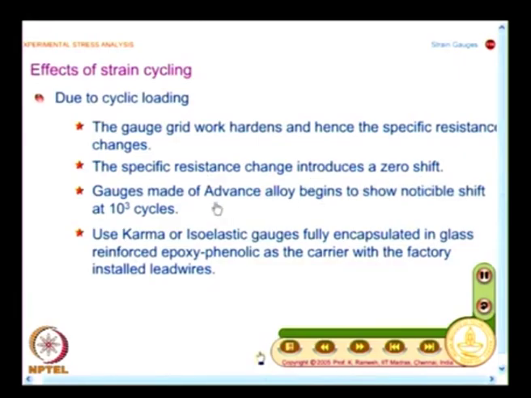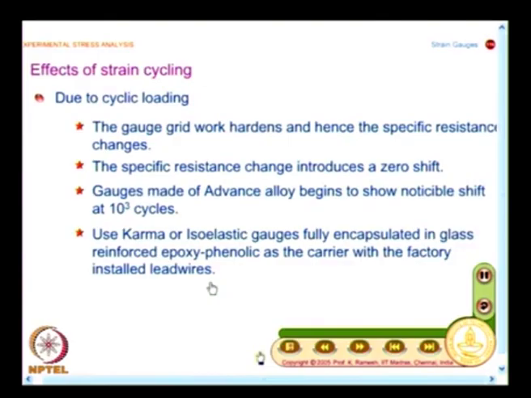So, if you use the advanced alloy, it begins to show noticeable shift at 1000 cycles. So, if you want to go for cyclic loading, go for Karma or isoelastic gauges fully encapsulated in glass reinforced epoxy phenolic as the carrier with the factory installed lead wires.